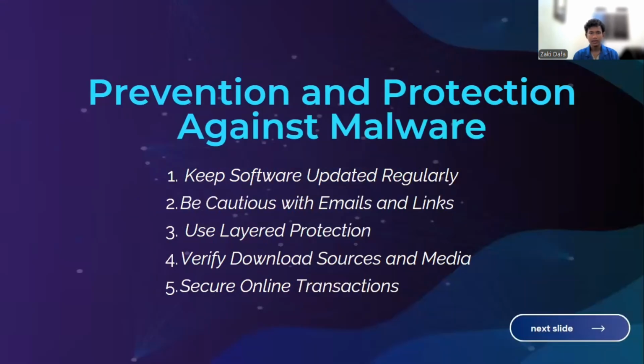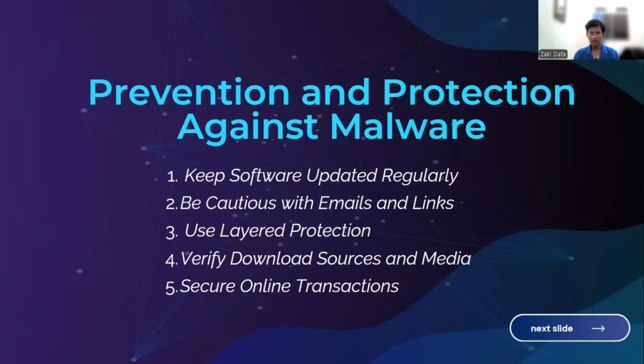All right, next, how to prevent and protect against malware. Step one, keep software updated regularly. Always ensure your operating system, browser, and antivirus are up to date to close security gaps and vulnerabilities.